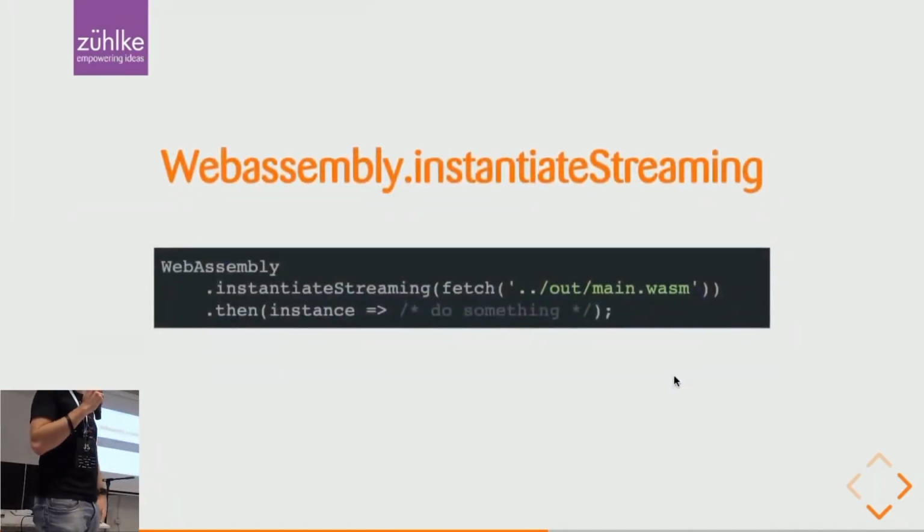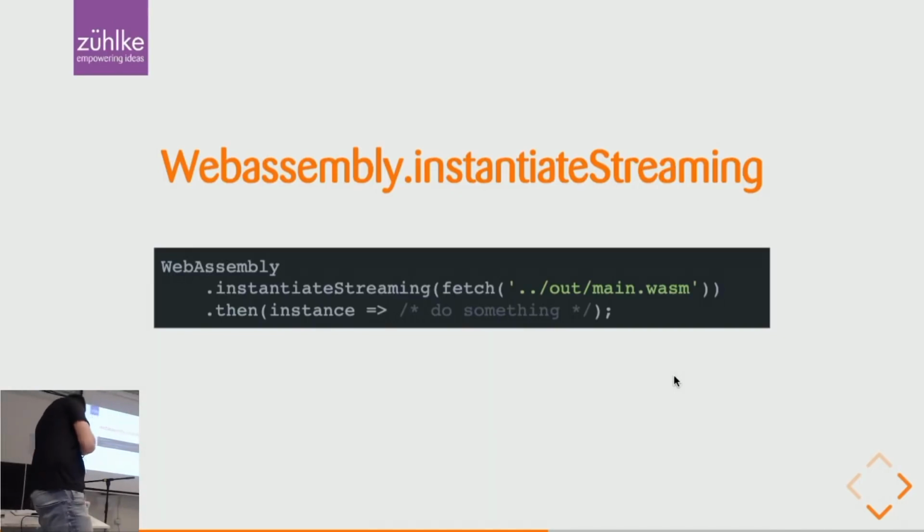There's a new method, instantiateStreaming it's called, so we don't have to deal with the array buffer. This is all done internally. So here we can just add the fetch promise that we get back into instantiateStreaming. It will be handled by the WebAssembly API, and we don't have to care about the array buffer anymore.